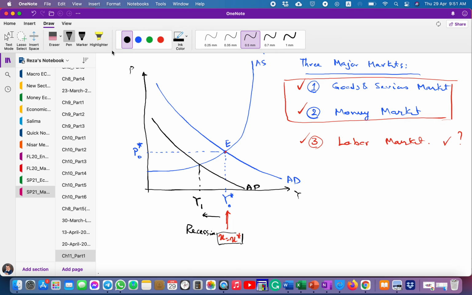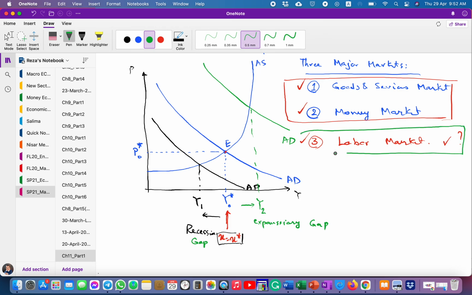Or maybe we are having a very sharp increase in demand. Then we might actually be at Y2, where we have an expansionary gap. So this is a recessionary gap, and this is an expansionary gap.